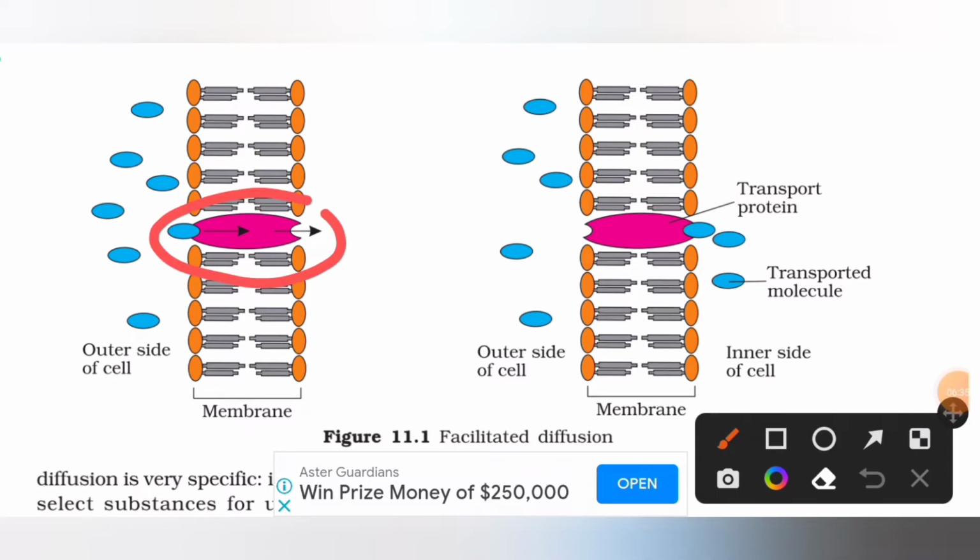These are the transport proteins, which are acting as carriers to transport the molecules from one region to the other. This is the outer side of the cell, and here is the inner side of the cell. So how are the molecules carried by this carrier? One molecule, one carrier. Here, see, transported and hence reached inside the cell.